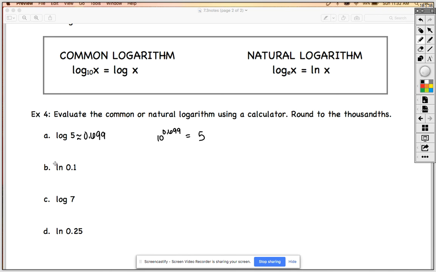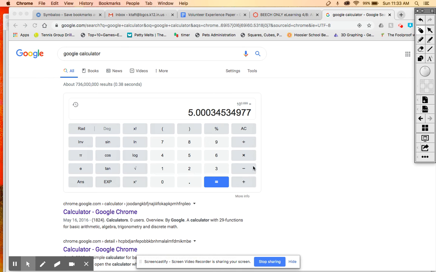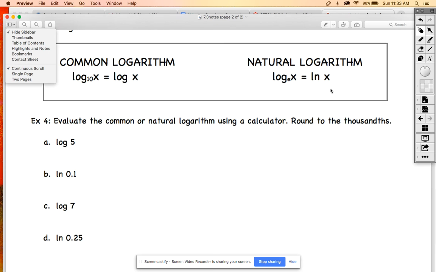Let's try the next one. So next one is the natural log of 0.1. So here's your natural log button. 0.1. And we're rounding to the thousandths place. So this place right here. So I'm going to look at the 5. The 5 is going to round my 2 up to a 3. So negative 2.303.